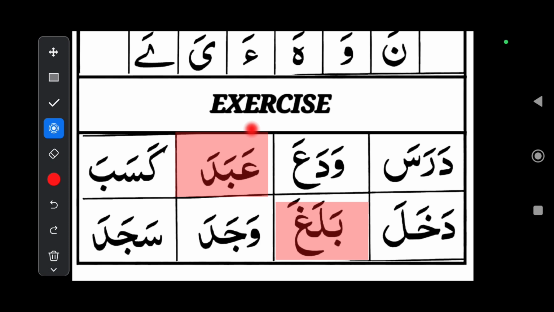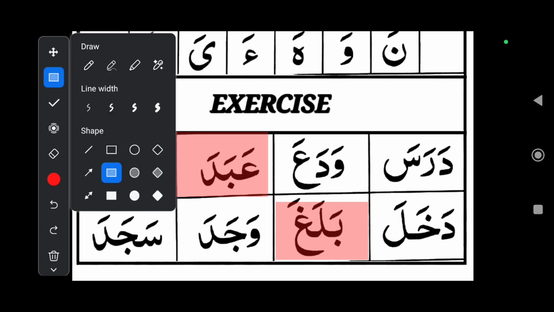If you are reading 2 letters, then you have to pronounce them together. Now again read the next letter. Ba zabar ba, lam zabar la, bala, ghain zabar gha, balagha. Yes. One more.